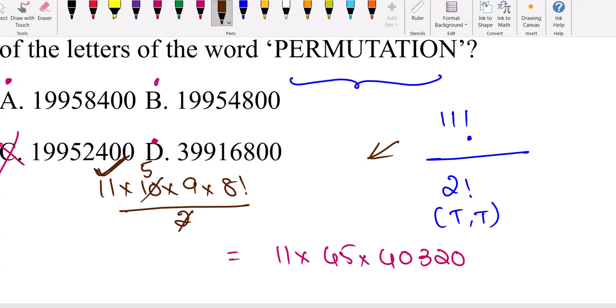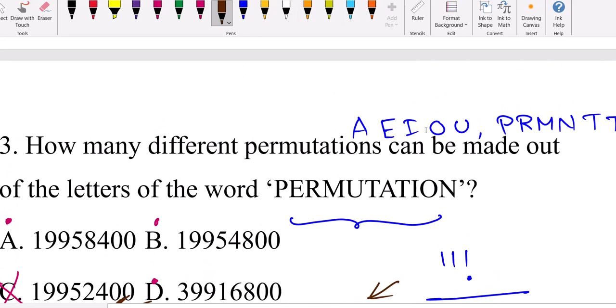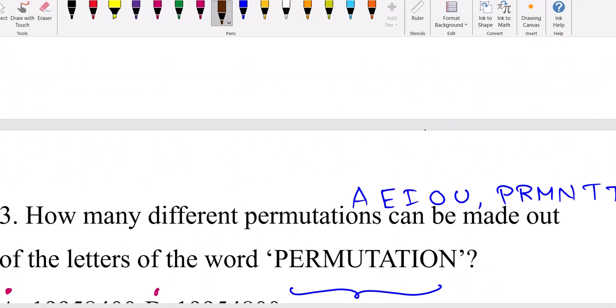What is the divisible by 11 rule? With divisible by 9, one option eliminated. Still three options are there. Now, divisible by 11 rule: alternate digit summation, remaining digit summation, the difference should be divisible by 11. Let us take option A. In option A, the number is 199,58,400.